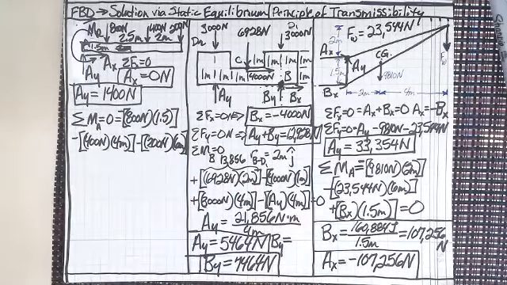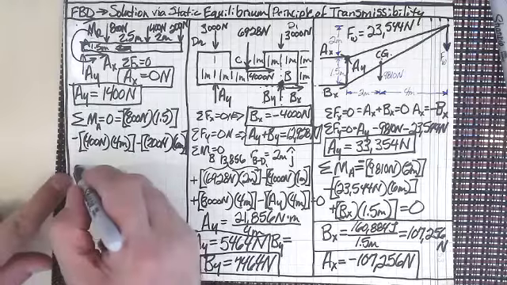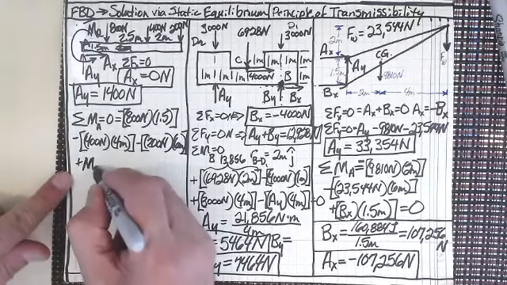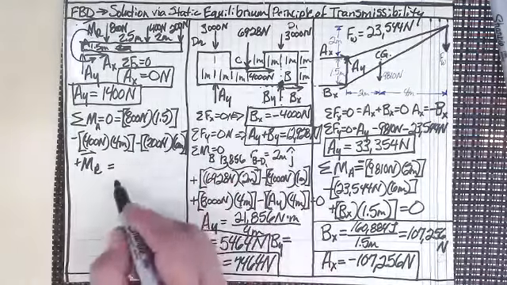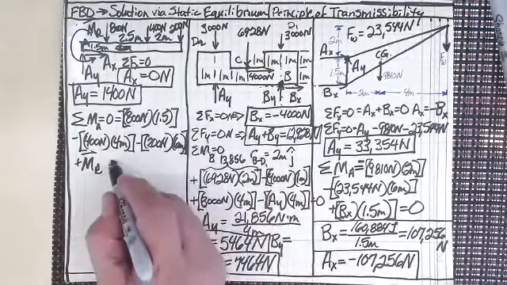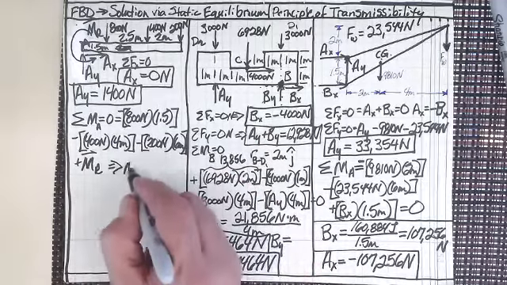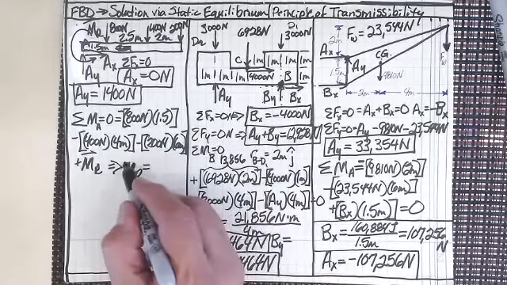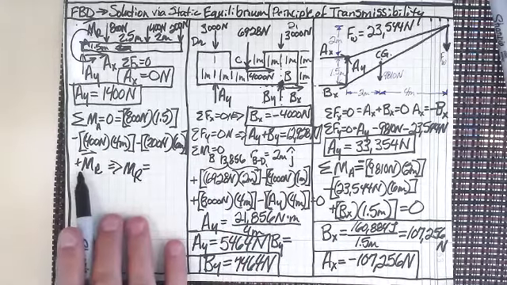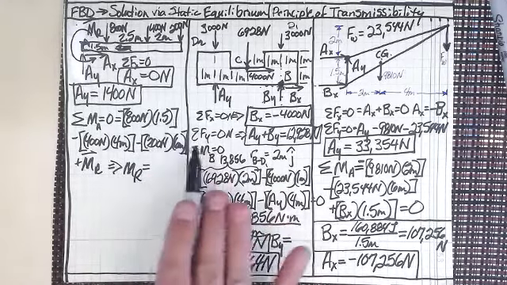So we've got all of those, and then we've got this as a plus, the reactive moment, and all of that together is going to equal 0. So what that tells us is that our reactive moment is going to be positive, because this stays on this side of the equation, and all of these negatives go to the other side.